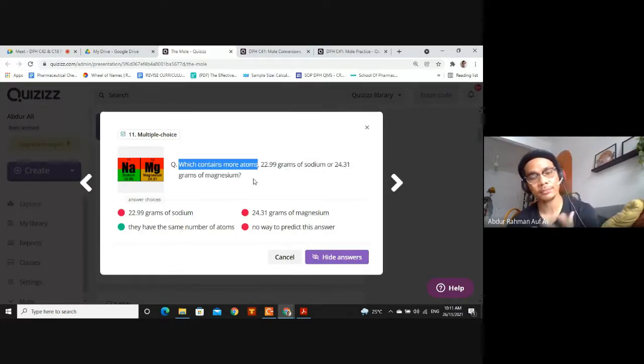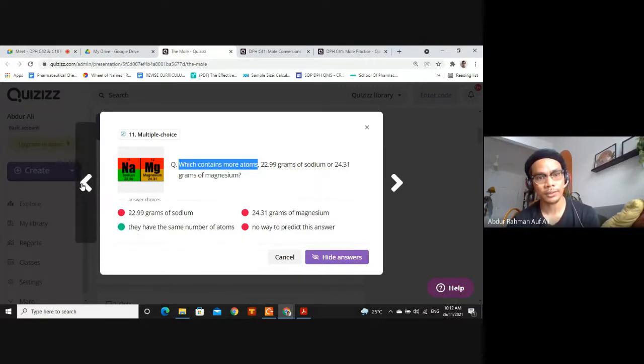So this brings us to a new type of conversion, bilangan atom pula. Tadi ditanya bilangan mole. So sekarang dia tanya bilangan atom. So what does this mean adalah kita go tengok the answer here is they have the same number of atoms.